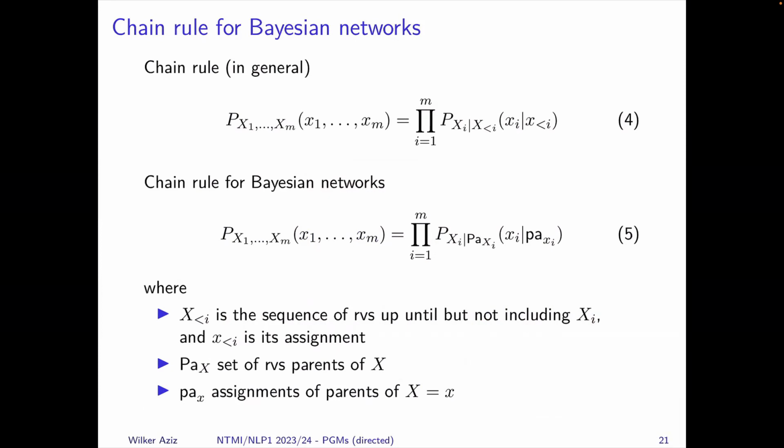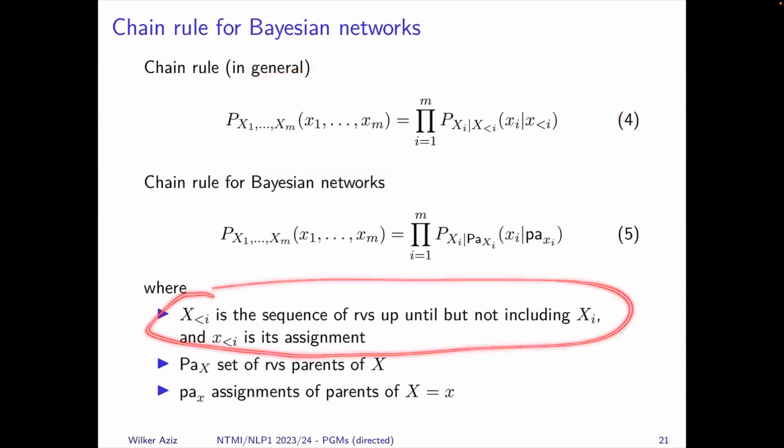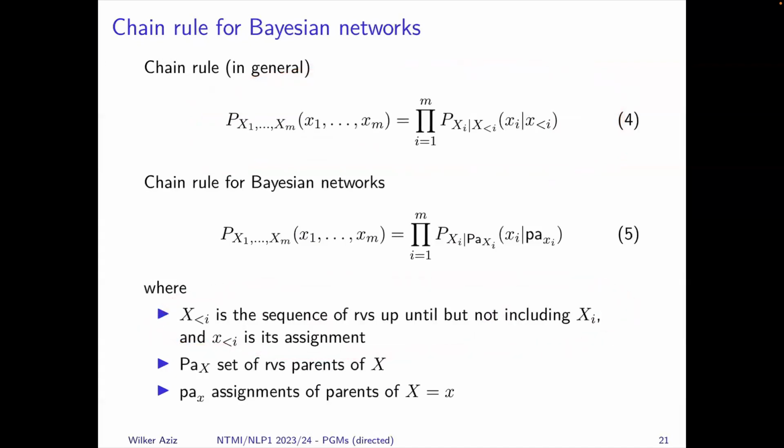So how does it work? Chain rule functions more or less like what we show in equation 4, right? For a given order of my variables, I enumerate them one at a time, always conditioning on all variables that I have already generated. That's what I mean by this notation here. I explain it down here. It's a sequence of variates up until the ith, but not including the ith.